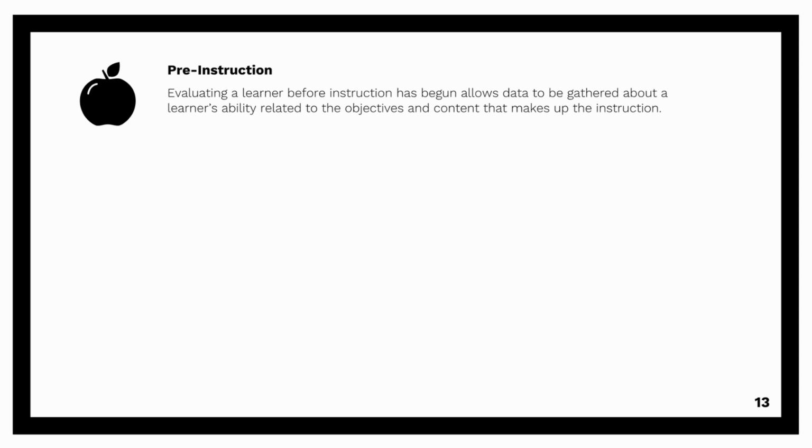For pre-instruction, evaluating a learner before instruction has begun allows data to be gathered about a learner's ability related to the objectives and content that makes up the instruction. It is not about what the learner has learned, it is about what they have the ability to learn.